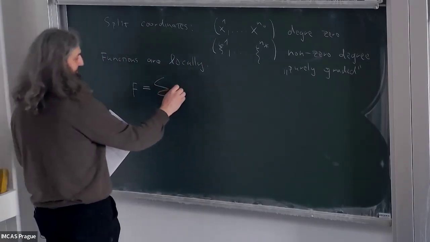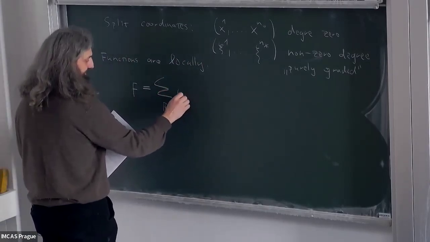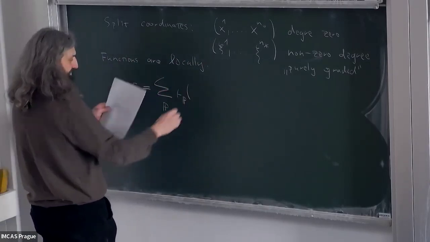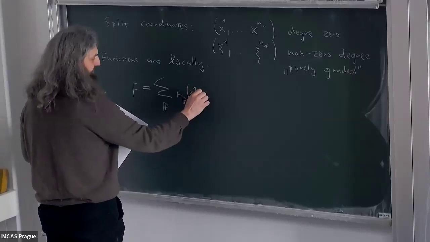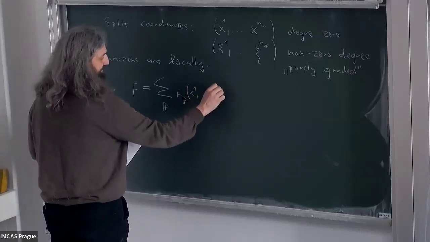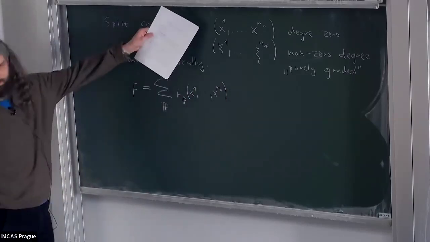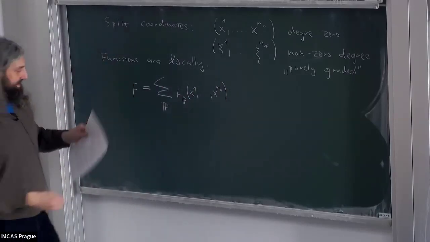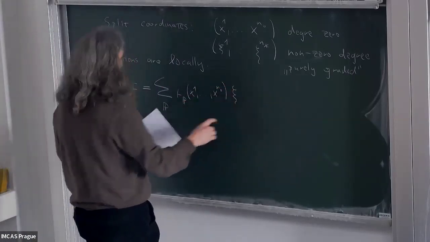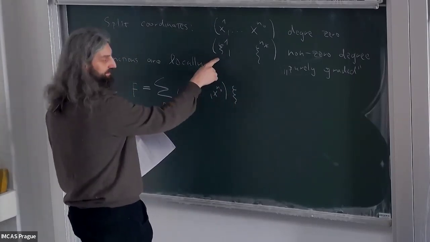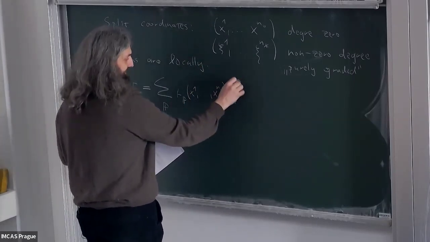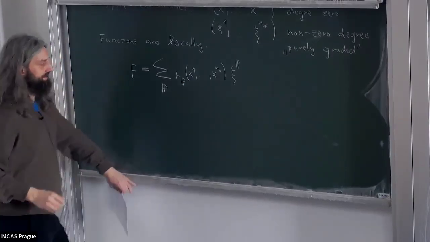I won't go into too much detail. The coefficients of those formal power series are smooth functions of those degree 0 coordinates, and there are formal power series in the non-zero degree coordinates. This is just a shorthand notation.